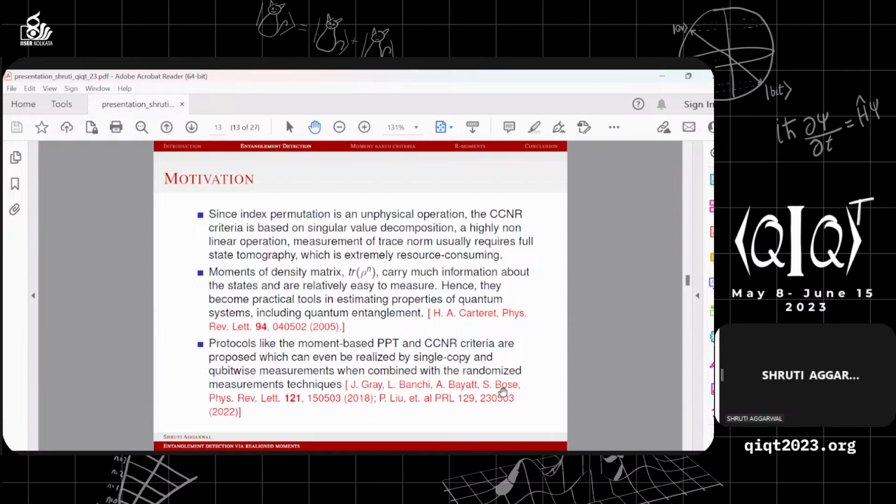There is a paper by Sugato Bose on how we can calculate the moments using swap operators, higher order moments also, and the protocol is given. It is based on some machine learning techniques, and there are also papers by Elben and Vermersch where the calculation of moments using randomized measurement techniques is given. Okay, thank you.